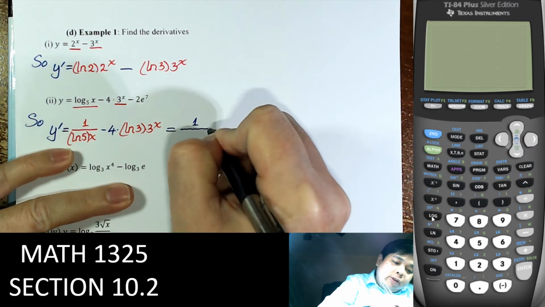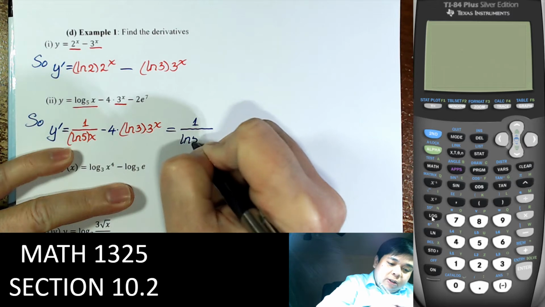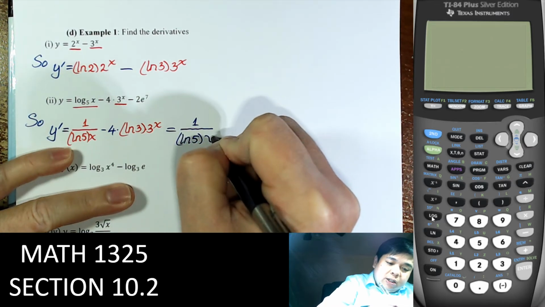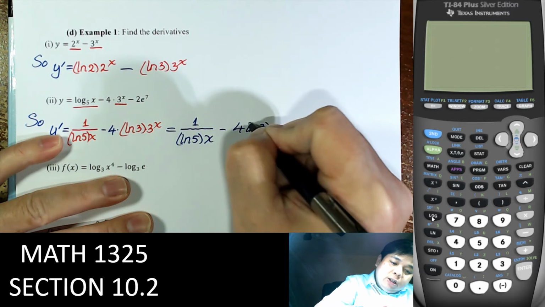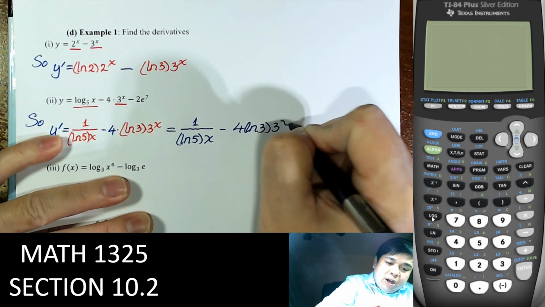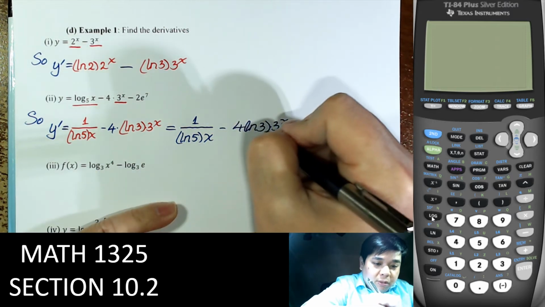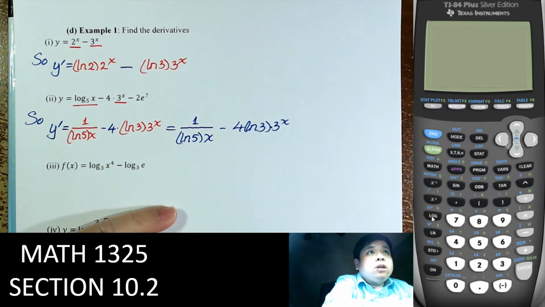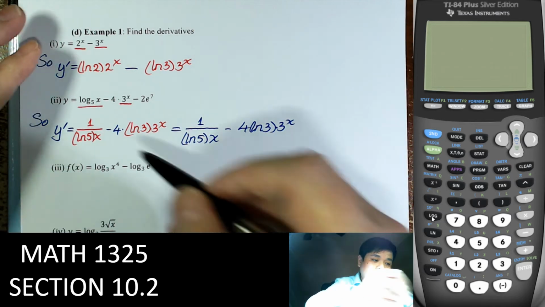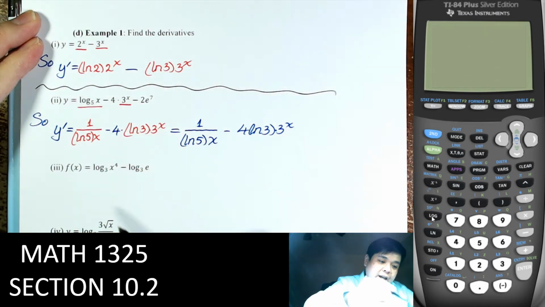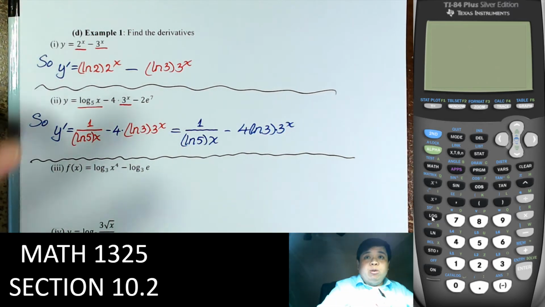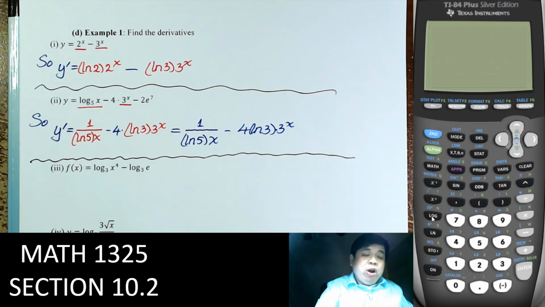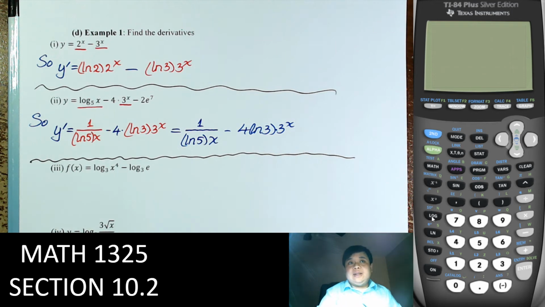So we have 1 over ln of 5 times x, minus 4 ln of 3 times 3 to the x power. Yeah, so as I said, the rules are very clear for the derivative of the logarithm and the exponential function. We just stay exactly to that. It should be easy.